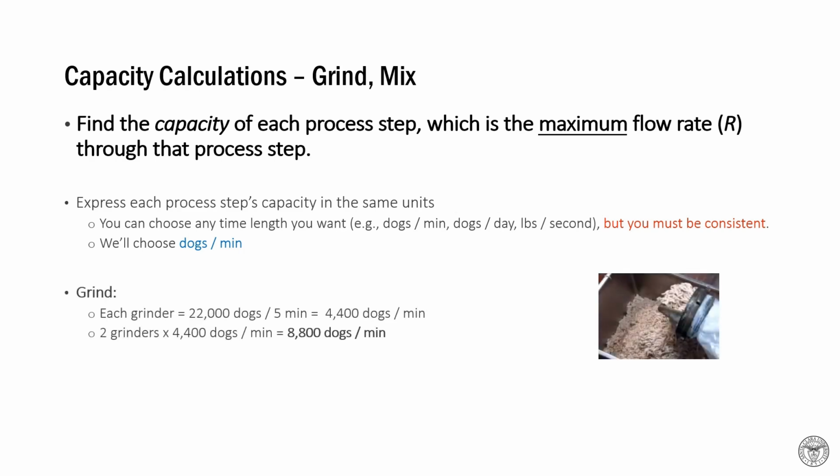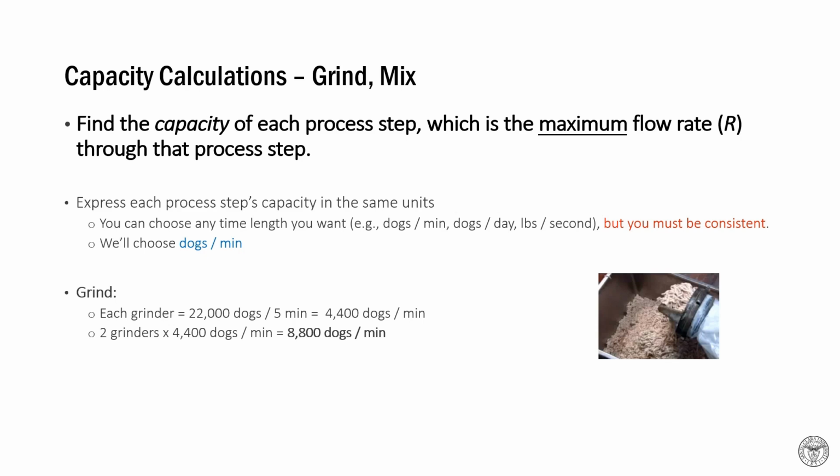For the grind process, each grinder can handle 22,000 dogs in 5 minutes, resulting in a capacity of 4,400 dogs per minute.